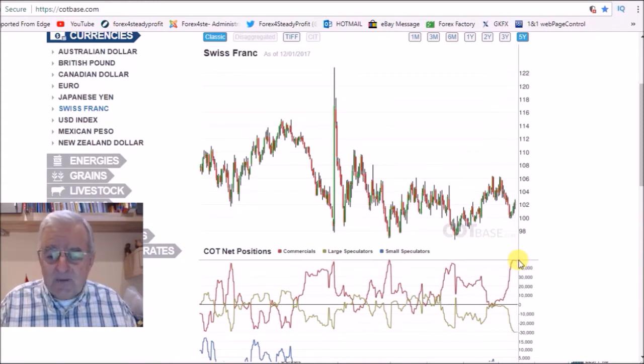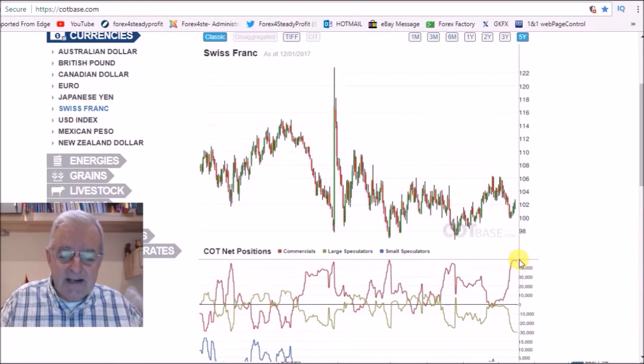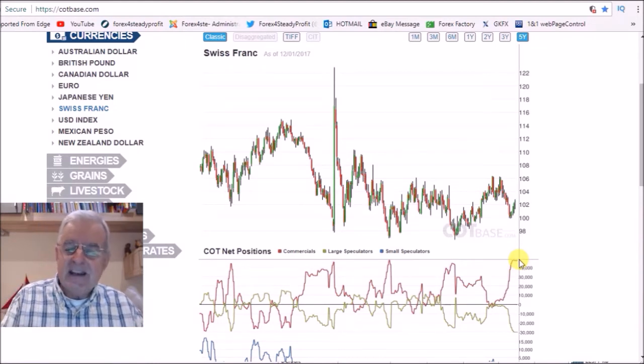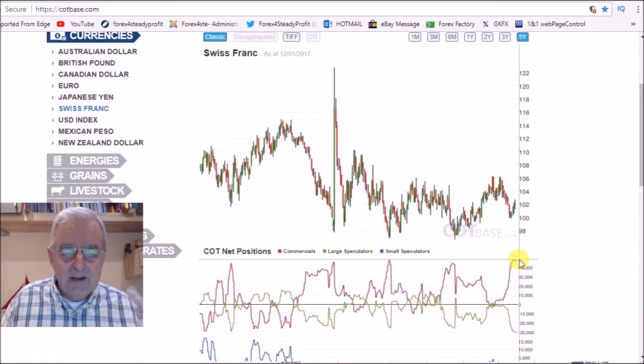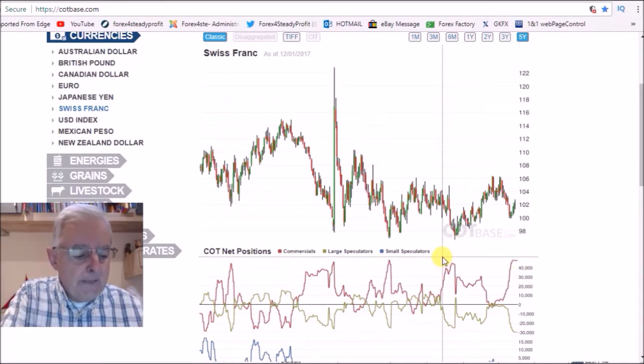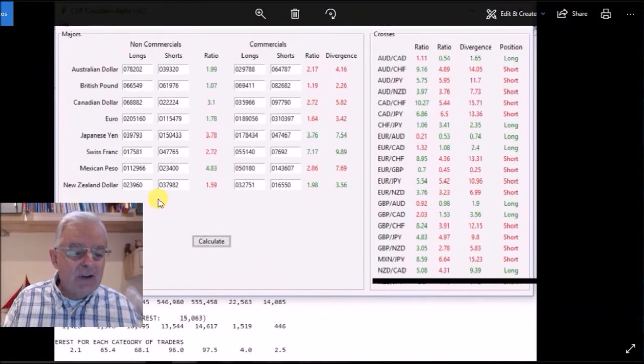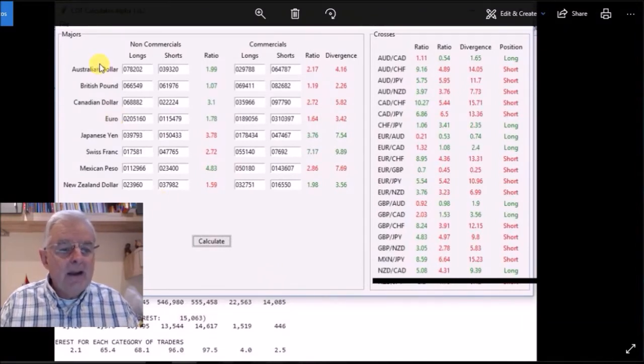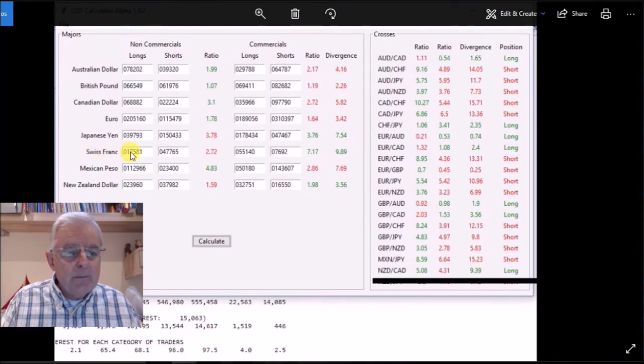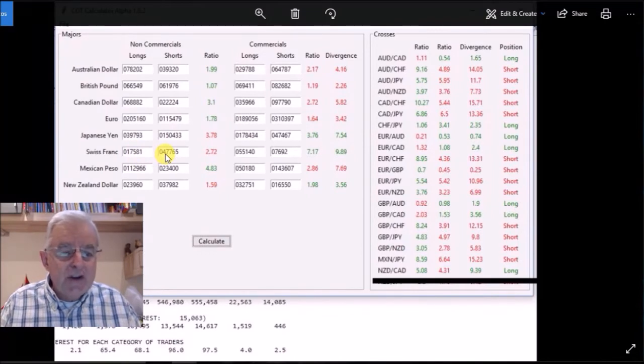So now we'll go and have a look at a different chart. This is a divergence calculator. This is available in my members center. Okay, so here we have a divergence calculator. So you can take a currency like the Swiss franc, and you can put in the long and the short positions. These are for the non-commercials, and you get a ratio of 2.72-1 short.